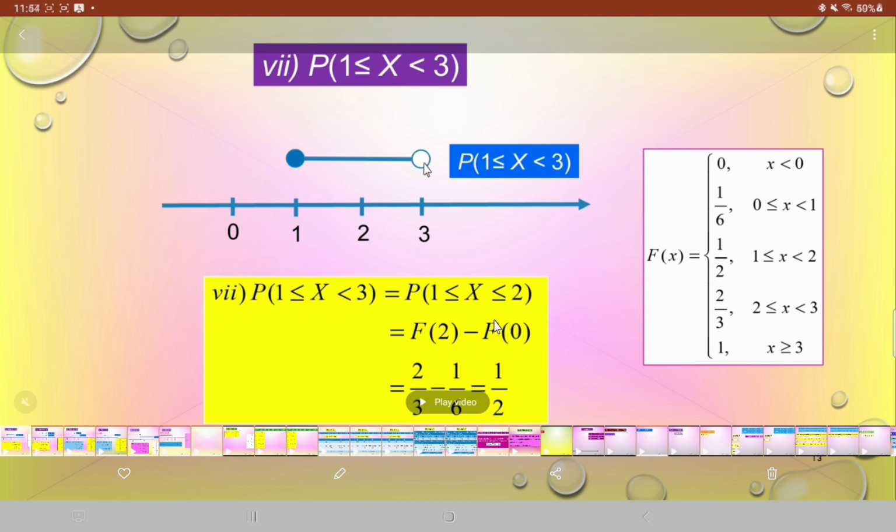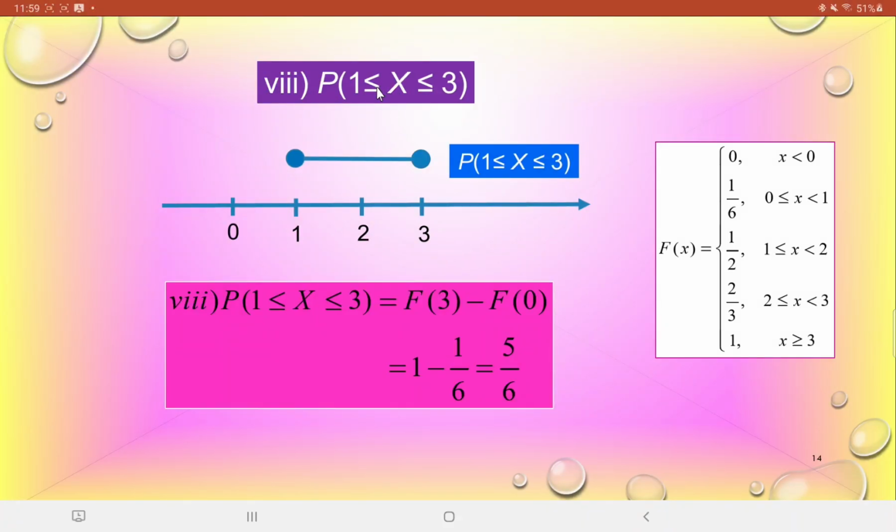To solve, we need to subtract F(0) from F(2). From the CDF, we know F(2) is equal to 2 over 3 and F(0) is equal to 1 over 6. So, 2 over 3 minus 1 over 6, and the answer is 1 over 2. So, the probability x more than or equal to 1 and less than 3 is equal to 1 over 2.